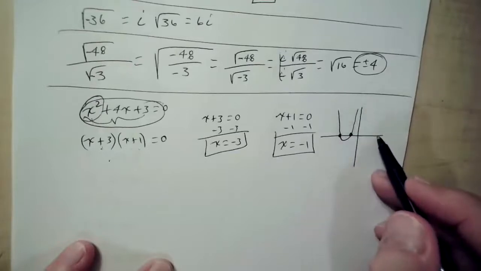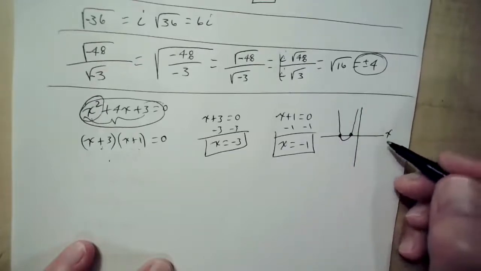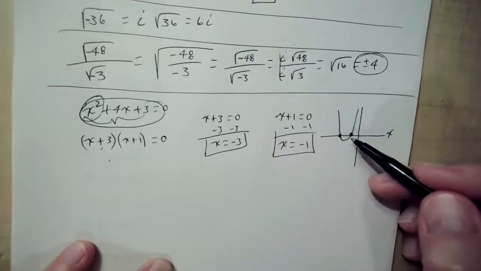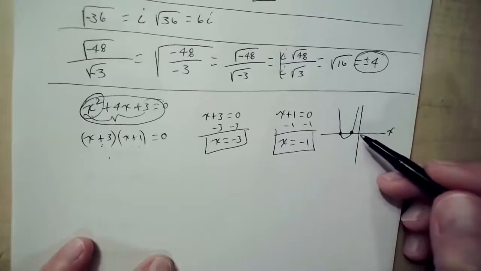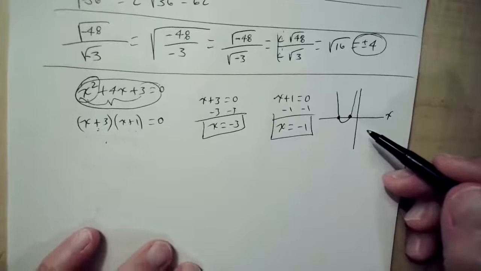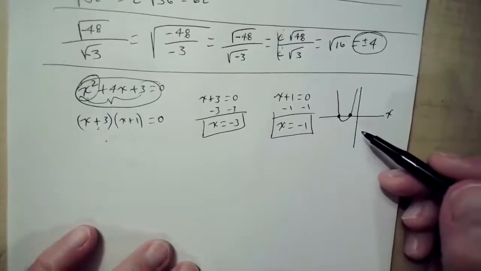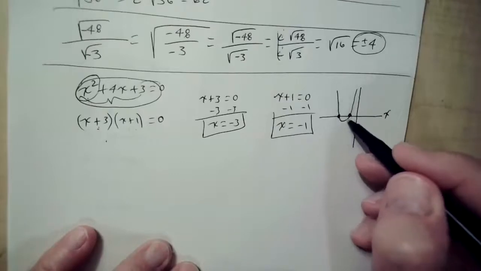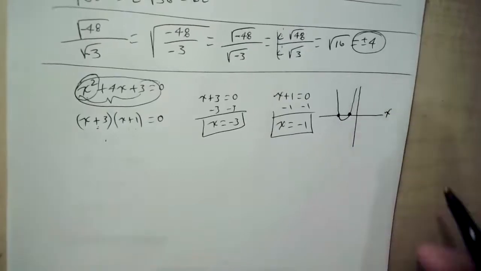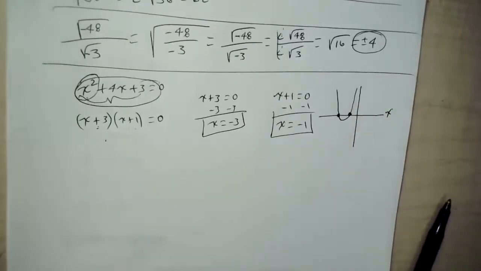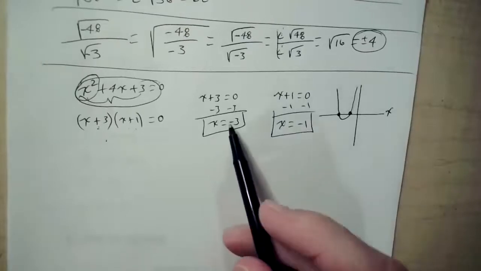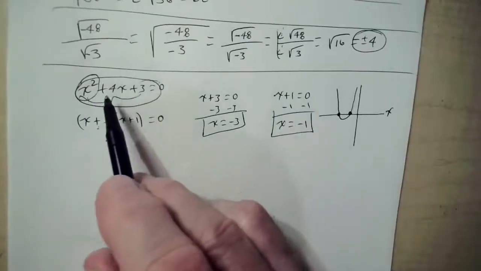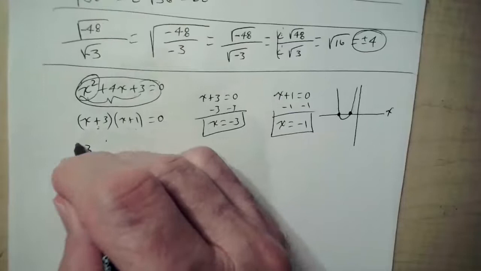Wherever the parabola crosses the x-axis, this is the x-axis, those are the solutions. Am I talking too fast? Please tell me if I am. Say, slow down, boy.